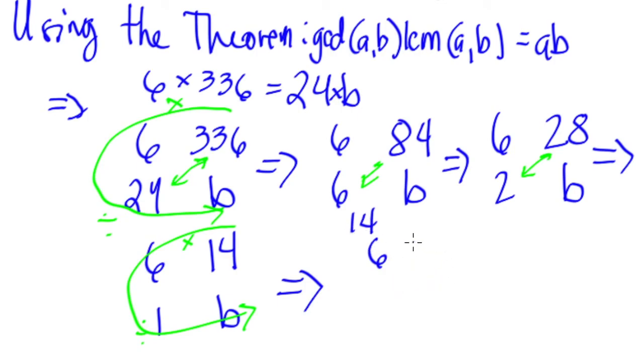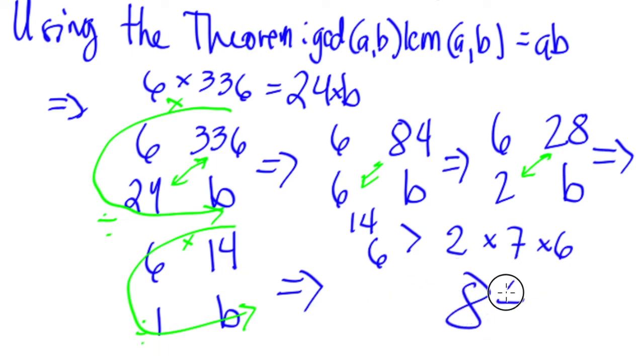Maybe we can think of 14 as 2 times 7. So we can rewrite this as 2 times 7 times 6. What is 6 times 7? That's 42. 42 times 2 is 84. And that is our answer.